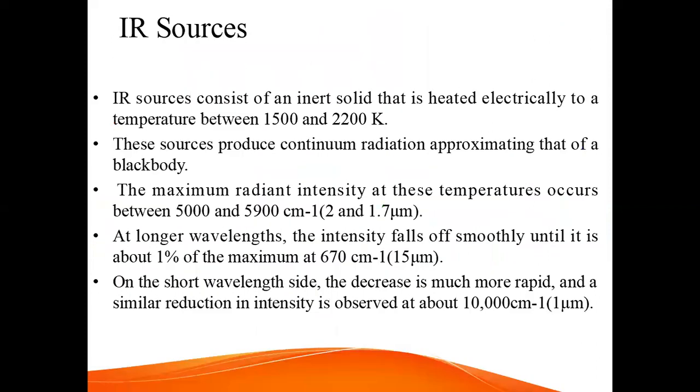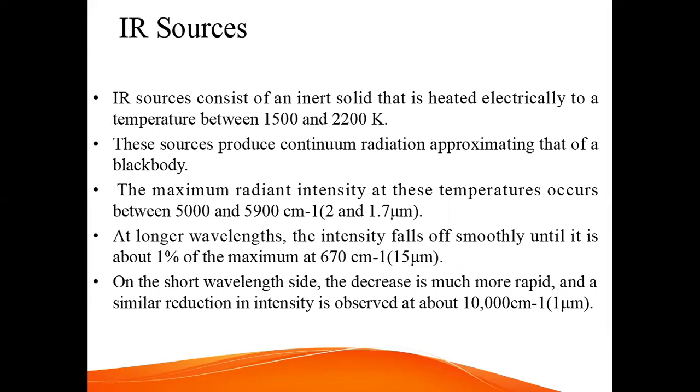IR sources. IR sources consist of an inert solid that is heated electrically to a temperature between 1500 and 2200 K. These sources produce continuum radiation approximating that of a black body. The maximum radiant intensity at these temperatures occurs between 5000 and 5900 per centimeter, or 2 to 1.7 micrometer.